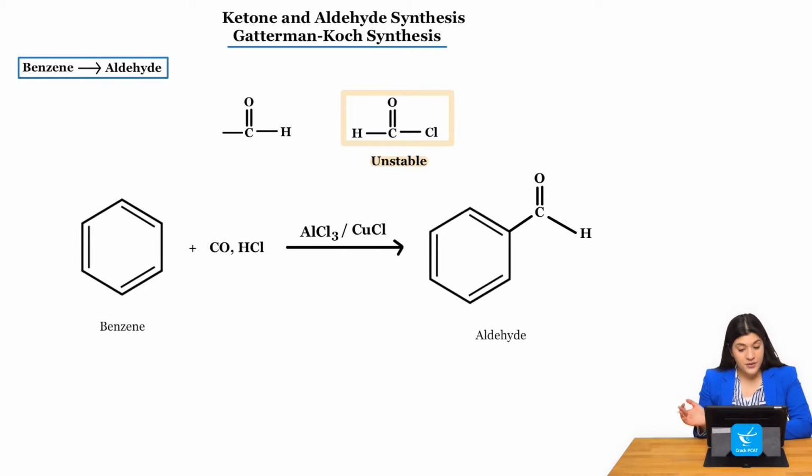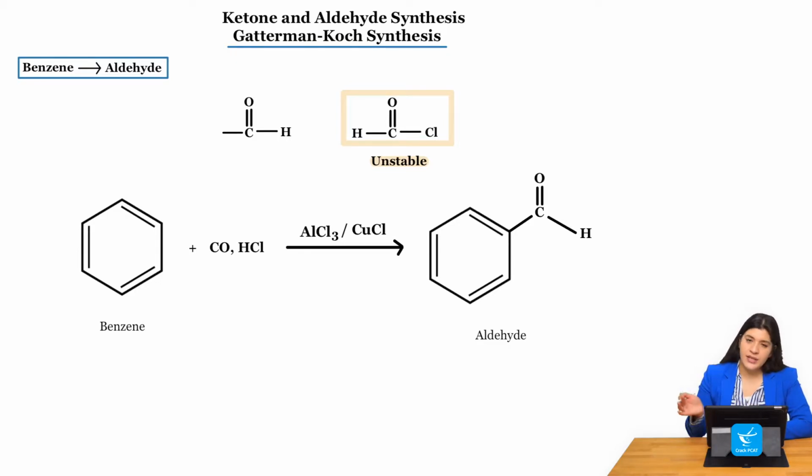This was another thing, part of the benzene reactions, where if I had a benzene ring and I'm trying to get to an aldehyde instead of a ketone, well, I know that I would use all these reagents. Just remember that this is unstable, that's why we can't attach that to the ring like alkylation previously.